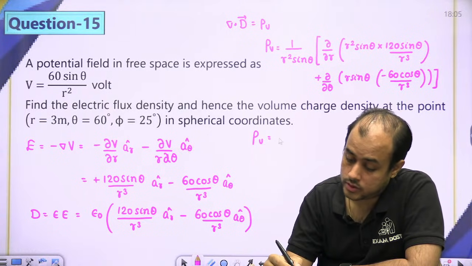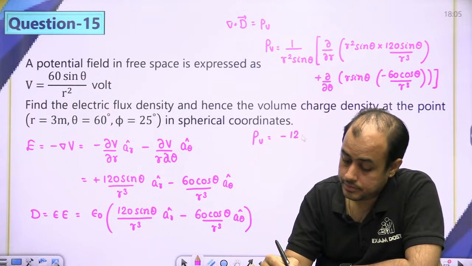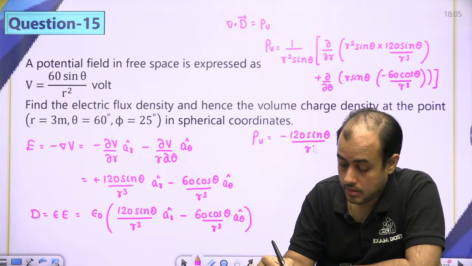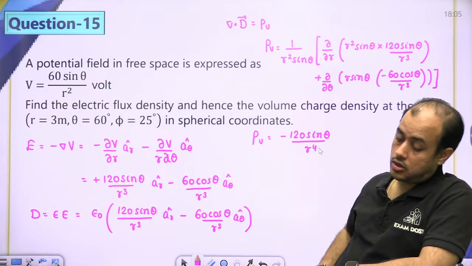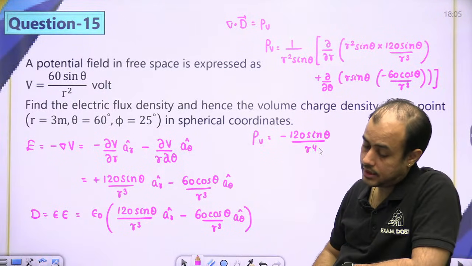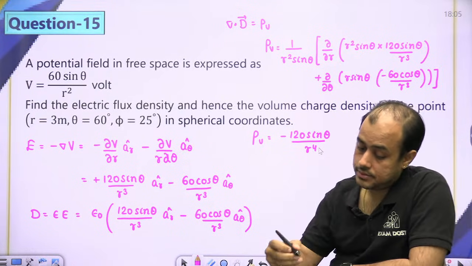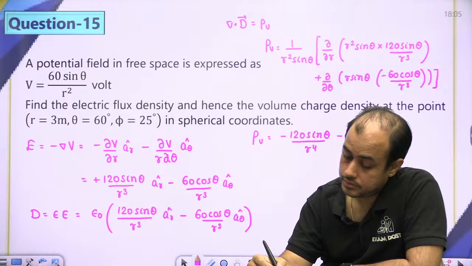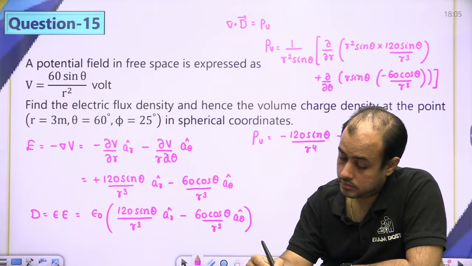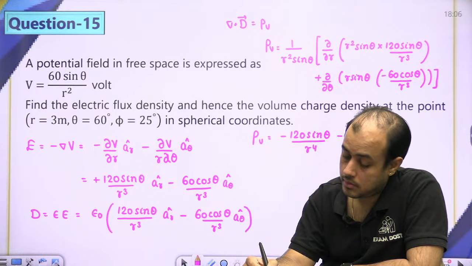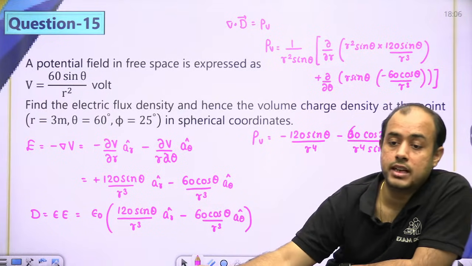1 by R is 1 by R square. Now sine theta cos theta, 30 sine 2 theta by R square, cos 2 theta. Okay, this will be the value.